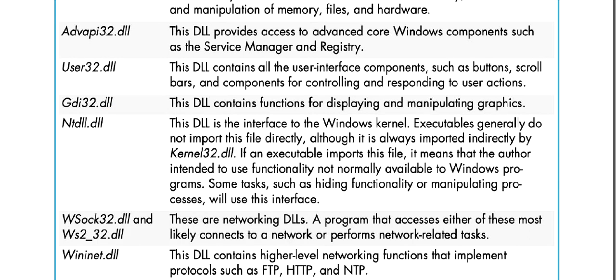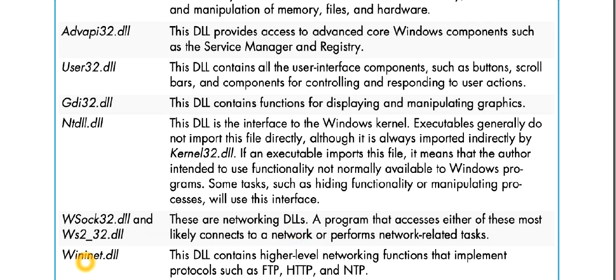Then the others: we have wsock32.dll and ws2_32.dll, and they are networking DLLs. A program that accesses either of these most likely connects to a network or performs network-related tasks.